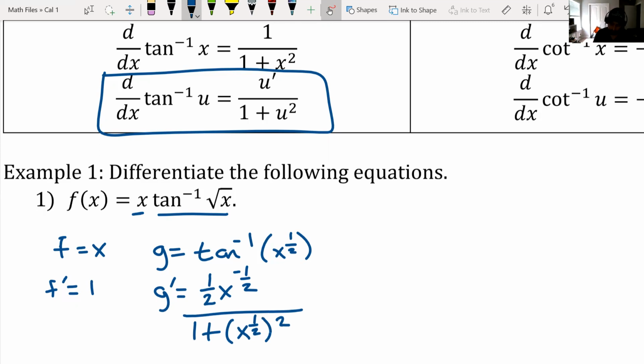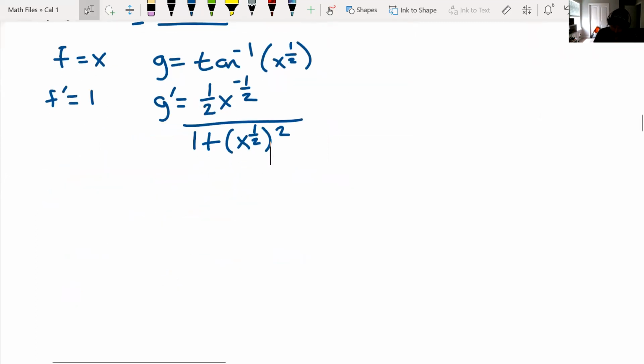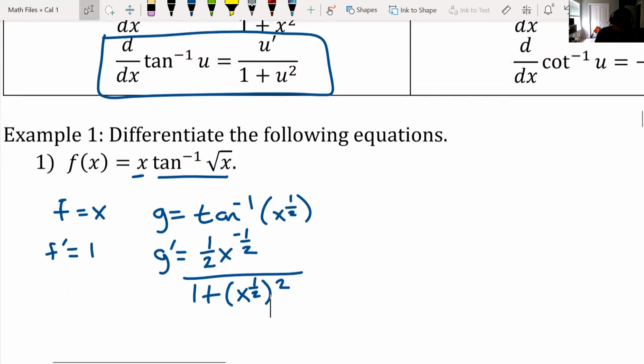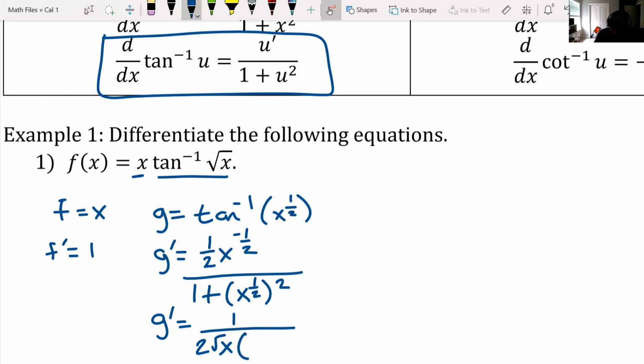Let's clean this up a bit. This means that g prime becomes 1 over 2 square root x times 1 plus x.